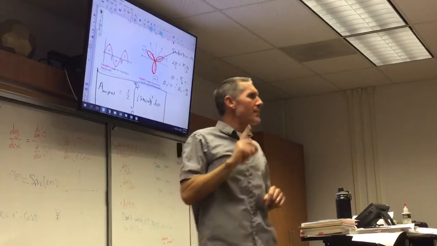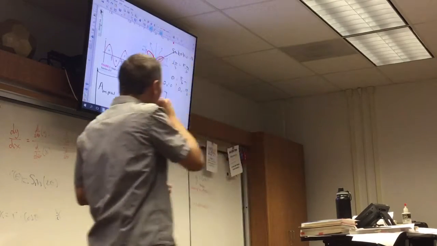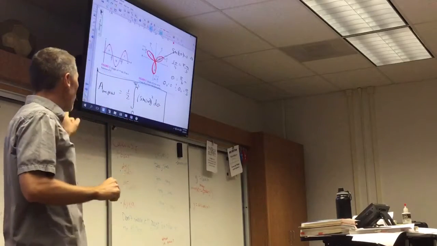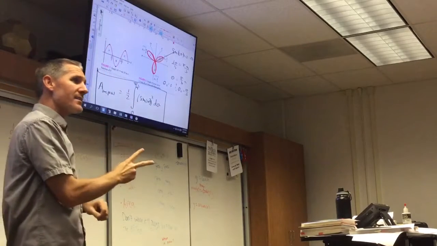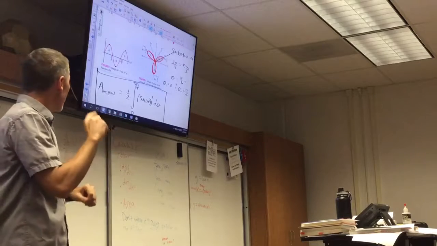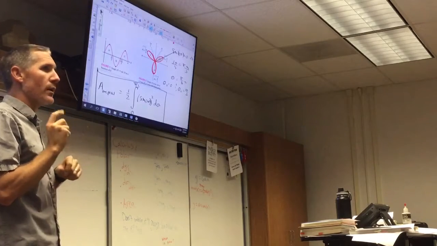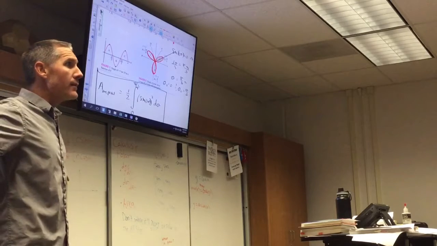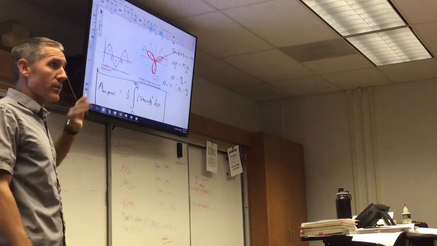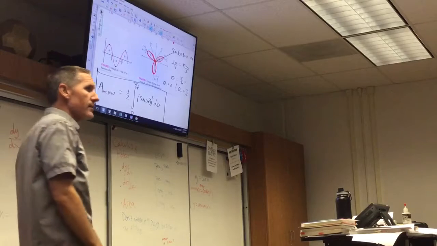And so what I'm going to do is I'm going to say that the area of one petal is equal to twice times 1/2 the integral from 0 to pi over 6 of sine of 3 theta quantity squared d theta. Are they right? As long as it has that symmetry, yeah.